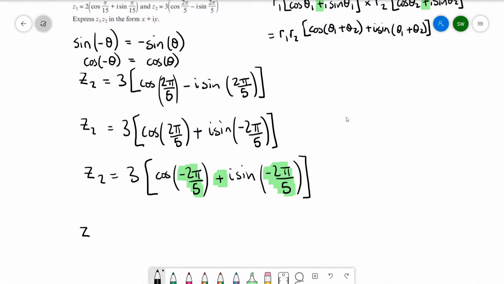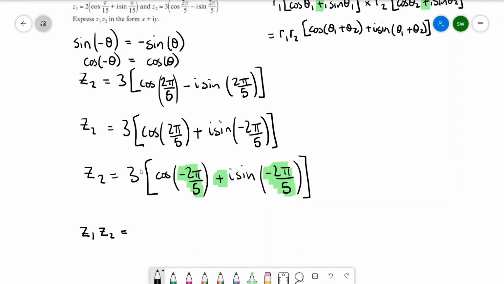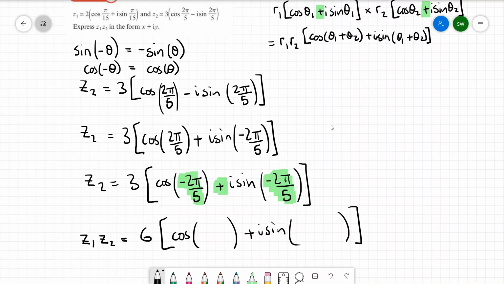So z1 times z2, we're going to times the moduluses together. So we've got 2 is the modulus of z1 times by 3, which is 6. And then to get the argument of the product, we need to add together the arguments.